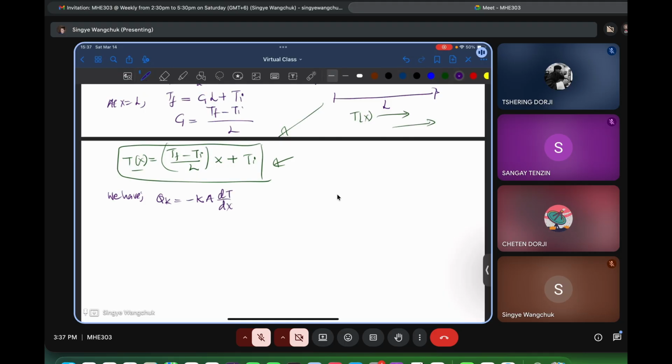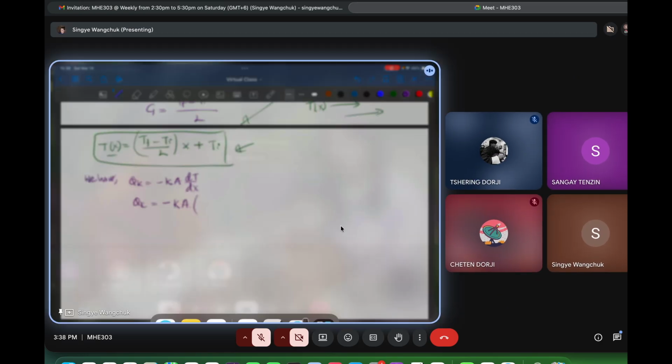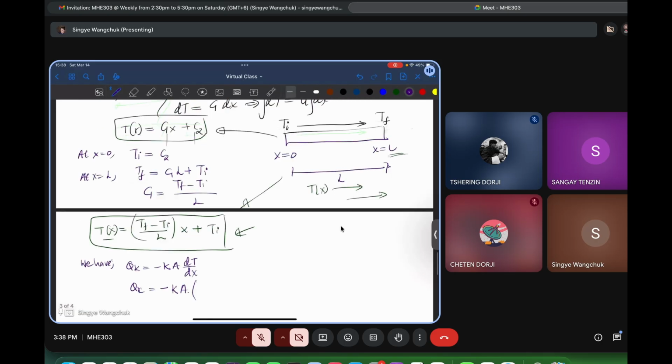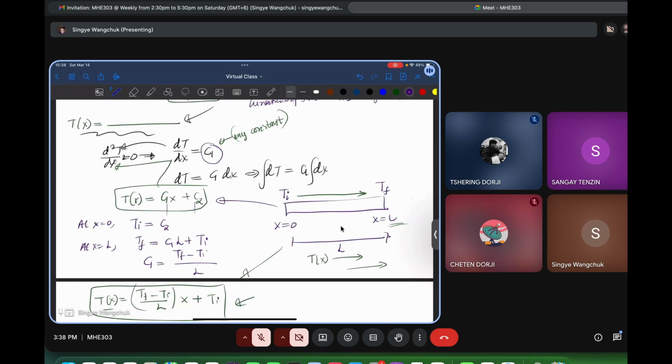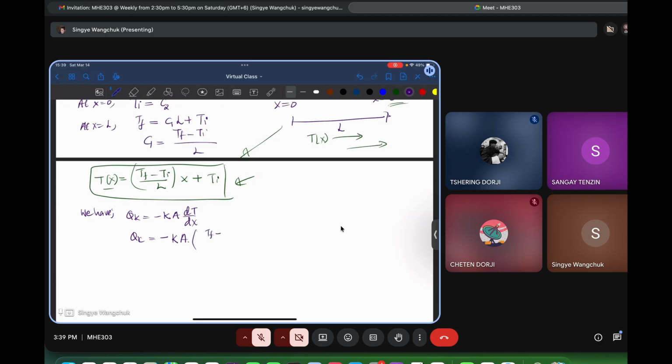So I can say Qk = −k times A times dT/dx, and dT/dx is C1, which is (Tf − Ti)/L.